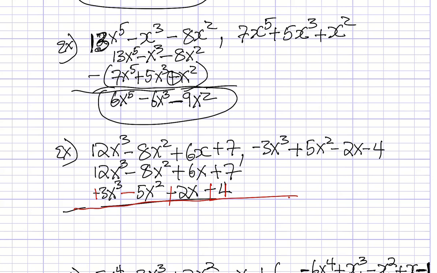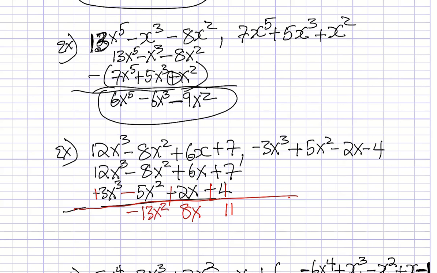7 plus 4 is 11. Okay, you add the coefficients. That's 8x. And here you add the coefficients. That's negative 13x squared. Here you add the coefficients.